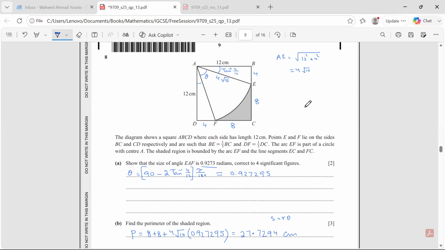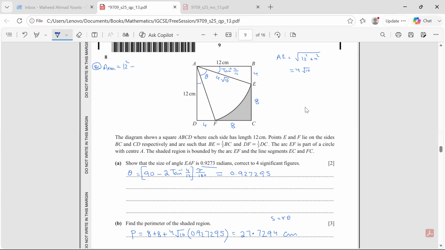So the area is equal to the total area of 12 square, minus these two triangles. They make a rectangle, right?